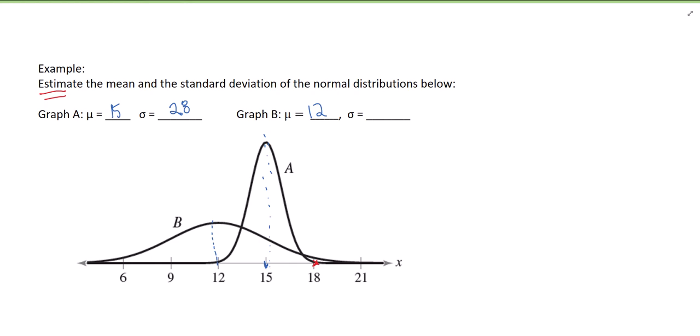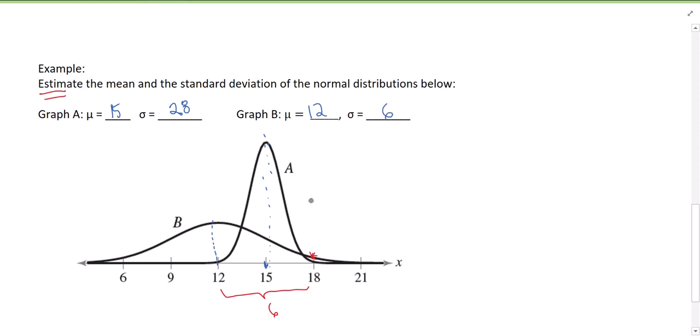Oh wait, I'm looking at the wrong graph, aren't I? So maybe based on that we can change that to 3. But looking at this one, I guess it does still appear to be right around 18. So the distance between 12 and 18 will be 6. So I will say that the standard deviation here is 6.